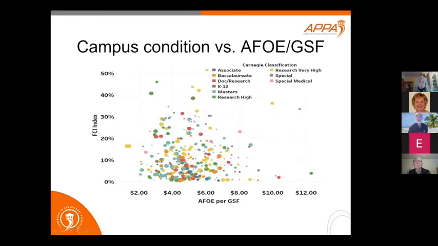Alternatively, you may say, well, we're a little bit tight on money right now, and so we're going to spend less money per square foot to maintain our campus and allow our facility condition index to slide up. And we need to be able to track that over time. And again, with the FPI, we can keep track of those things.